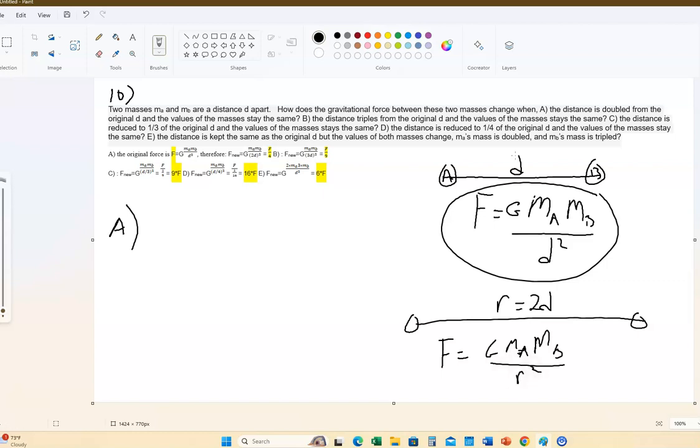So this is force in situation A. What we want to do is see how situation A is related to the original. How is it related to this original force? Well, all you have to do is plug in what R is.